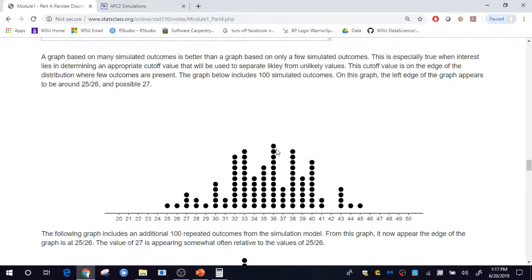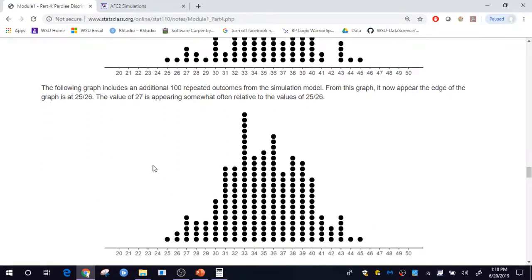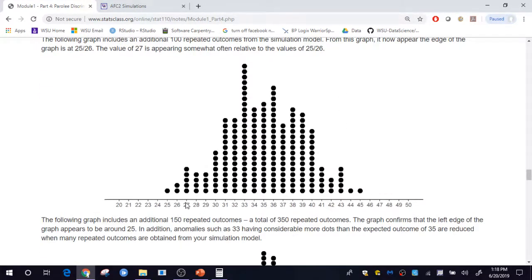So here in this graph, I got 100 simulated outcomes. It looks like the lower edge of that graph is maybe 24, 25, 26, maybe 27 here. If I add another 100, so this picture right here has a total of 200 simulated outcomes on it, we can start to see that 27 is occurring somewhat often relative to the values of 25 and 26.